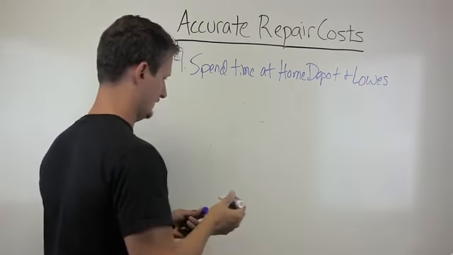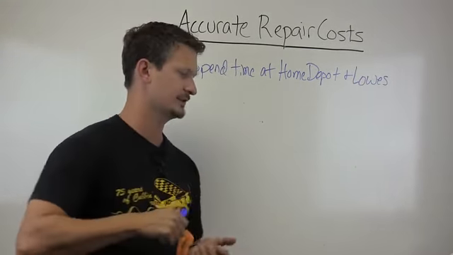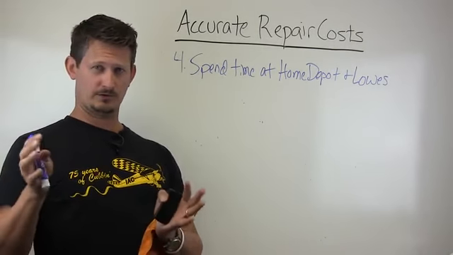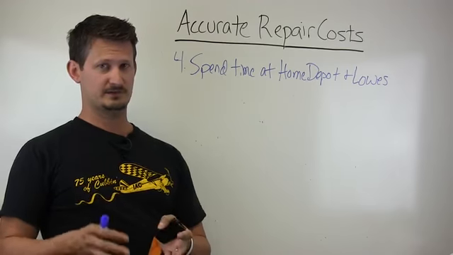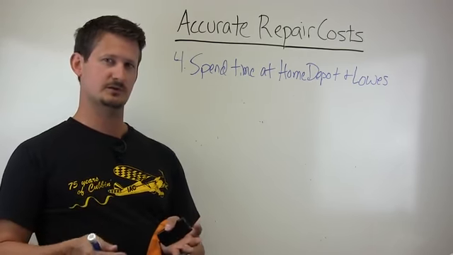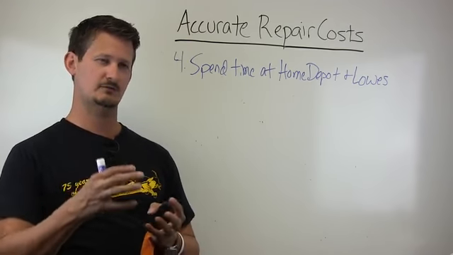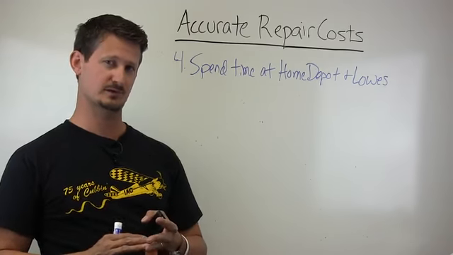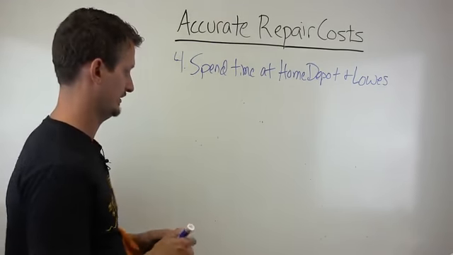Now what you're going to do at Home Depot and Lowe's is you're going to write down SKUs, prices, and take pictures of materials that are on the lower side but look great and look more expensive than they cost. And just keep a spreadsheet of all those materials so that when you do go to fix up a house, you already have an idea of what you're going to be using and the prices for those materials to help you estimate the repairs.